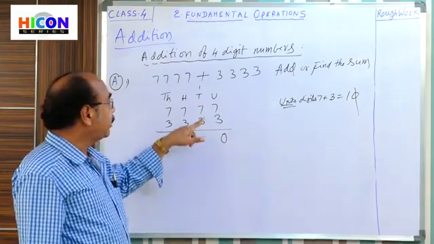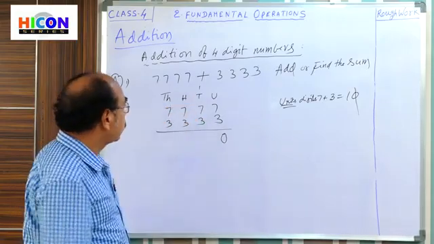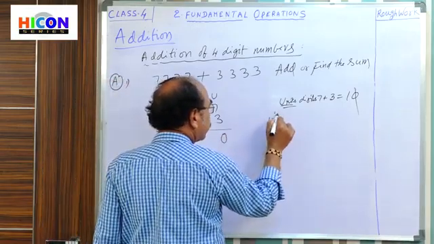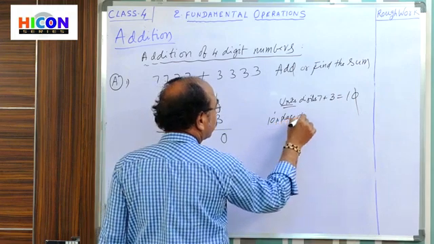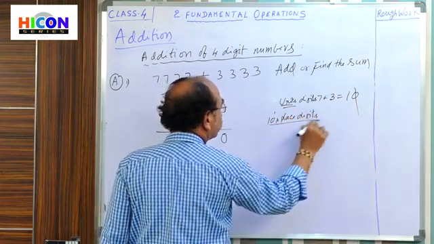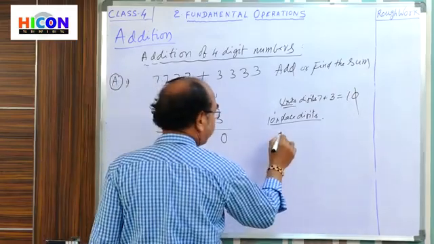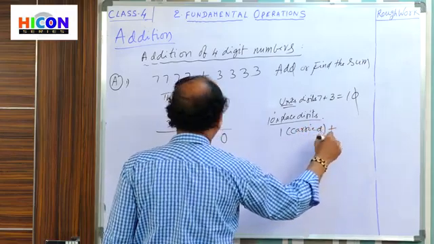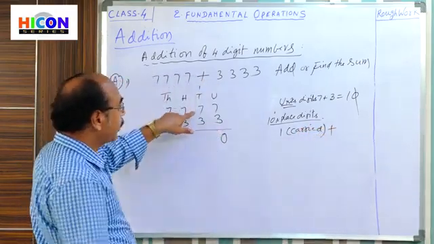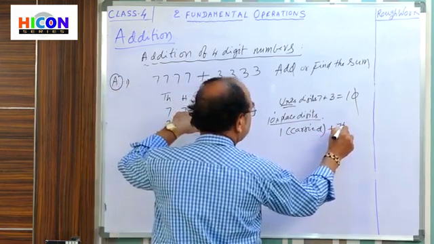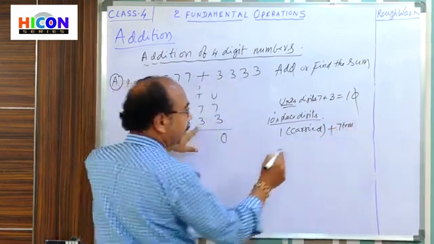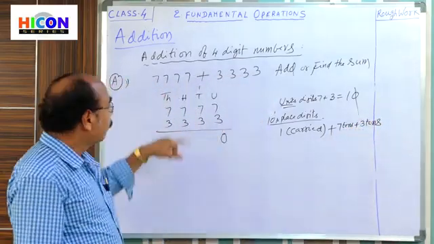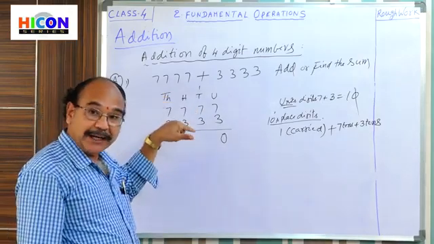So now I take the tens place digits. Here 1 is carried.